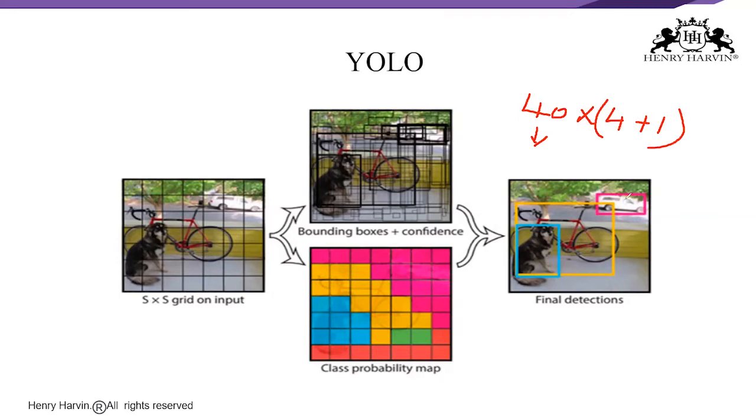Based on that, the next set of layers finds, for the same class, the most confident box. That is the box with the highest confidence that does not overlap with another box of higher confidence of the same class.